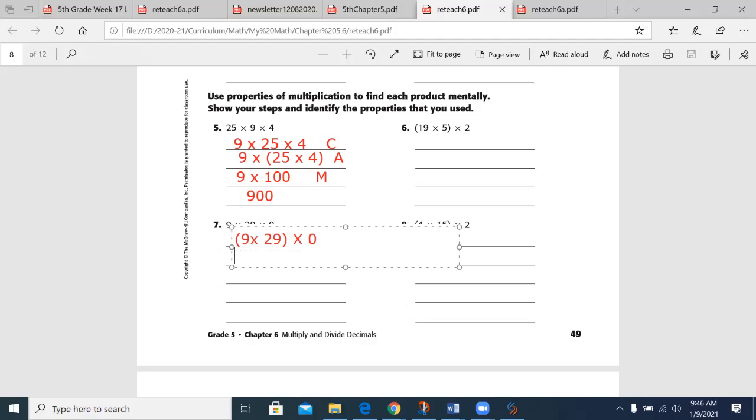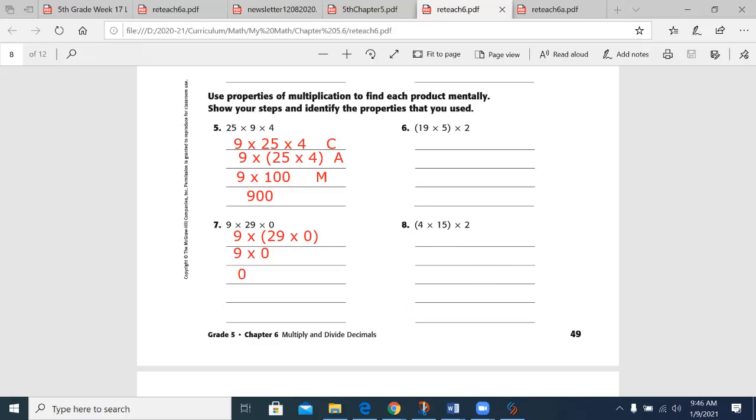I would not want to actually do this, just for the record. I'm going to change that, because otherwise I'm not doing mental math very efficiently. So let's group together 9 times 0. Anytime you multiply by 0, it's 0, which means it's going to be, in fact, a huge 0.